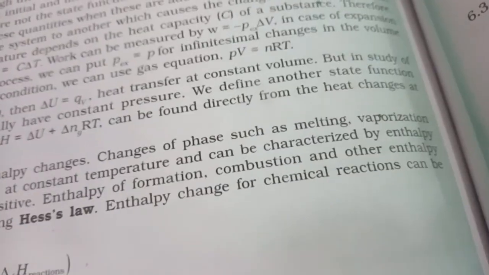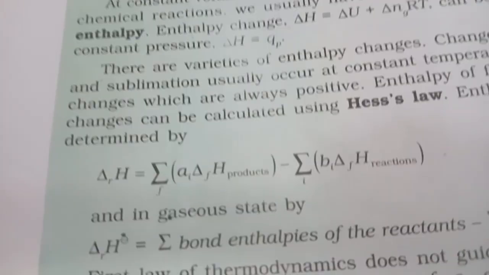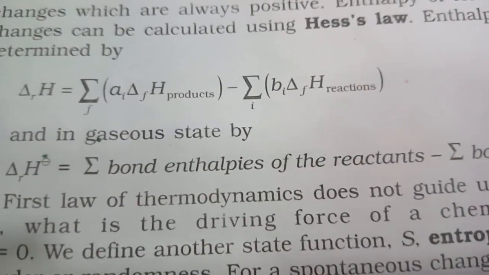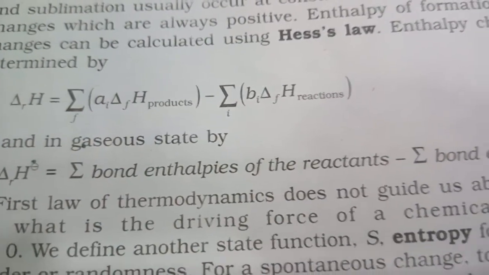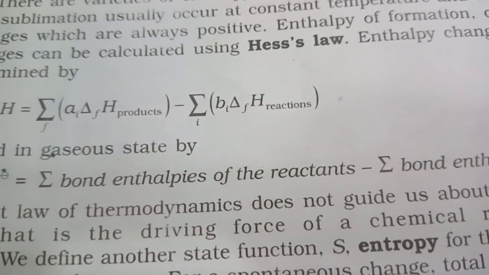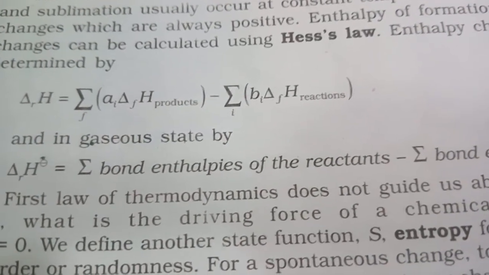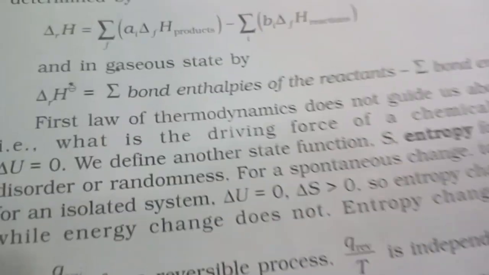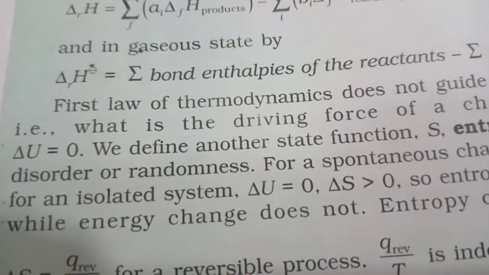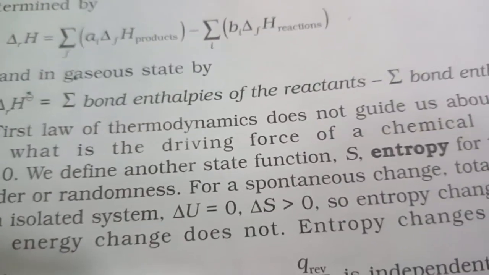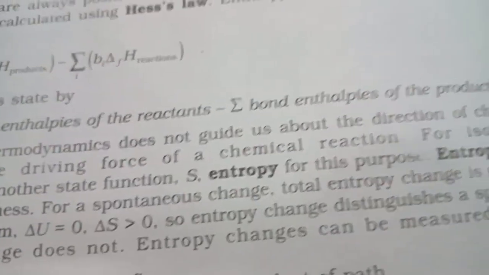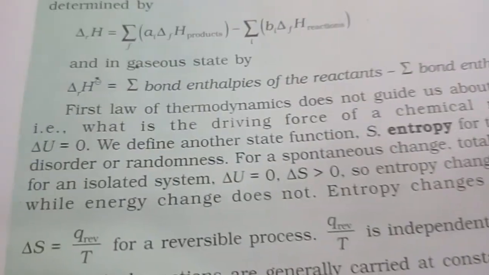Enthalpy change for chemical reactions can be given by delta H is equal to summation of enthalpies of products minus summation of enthalpies of reactants, where a i and b i are the stoichiometric coefficients, and in gaseous state by giving delta H is equal to summation of bond enthalpies of reactants minus summation of bond enthalpies of the products.